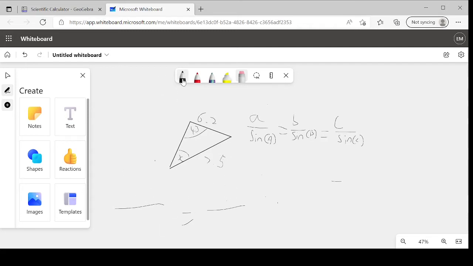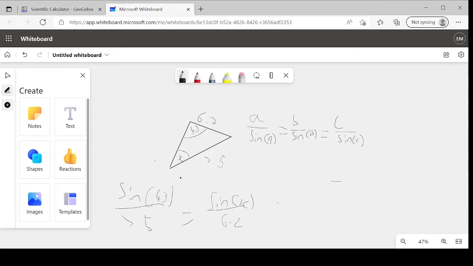So we have sine 43 over 7.5, and we know that that's equal to sine of x over 6.2.